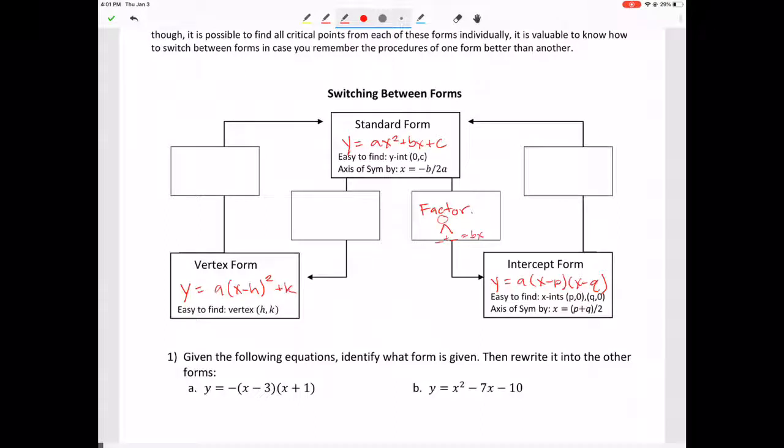And then to get from intercept form to standard form, we distribute. To distribute, we FOIL, or you could use a box method, and those are ways that we can distribute.